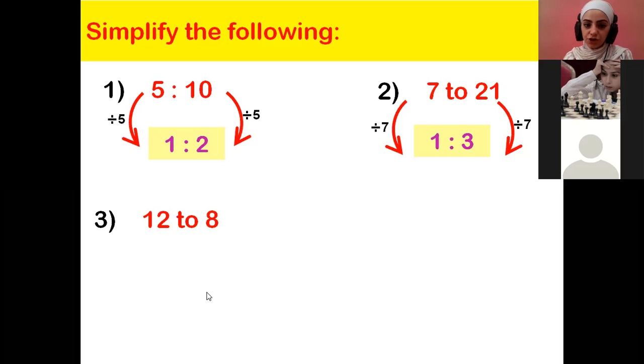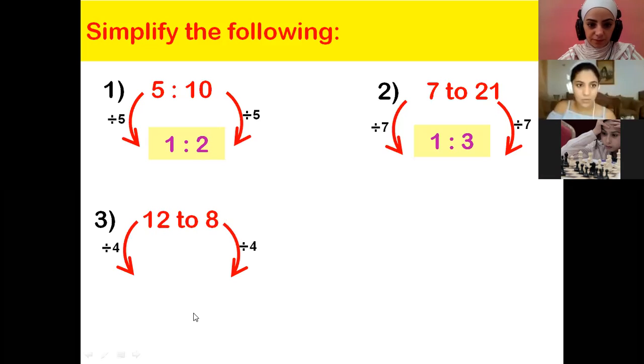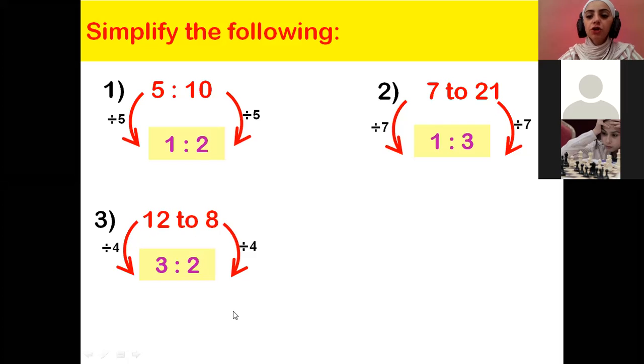What is the greatest common factor between 12 and 8? You can divide them by 4. Yes, by 4. 12 divided by 4 is 3, and 8 divided by 4 is 2. So it's 3 to 2. Yes, thank you, Jude.